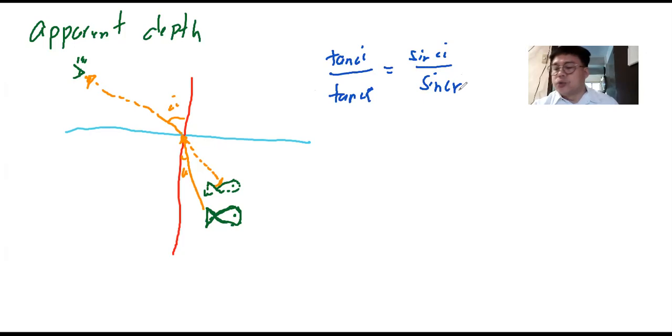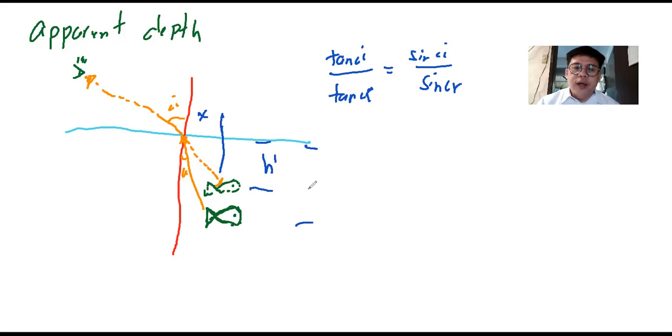Ang ratio. Now, if, for example, we have here the measurement from here up to here is your x. It's the measurement of the distance of the fish from the principal axis. And you will have the height of the fish from here. This is the height of the fish, which is the image of the fish.